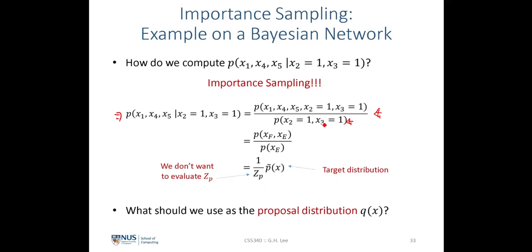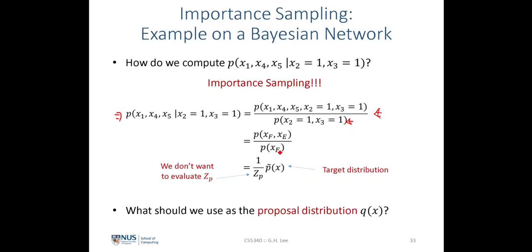This normalizer requires us to marginalize away all the nuisance random variables, which can be denoted as a set of query nodes xf and a set of evidence nodes which we denote as xe. This follows the representation that we have seen in our earlier lecture, divided by the normalizing constant, which is the marginal probability over all the evidence nodes.